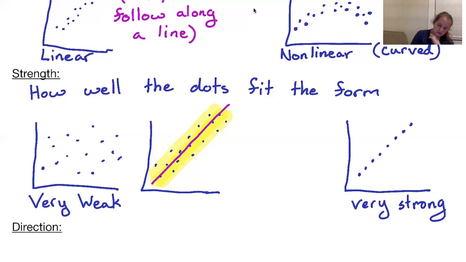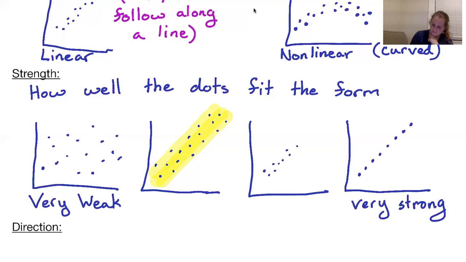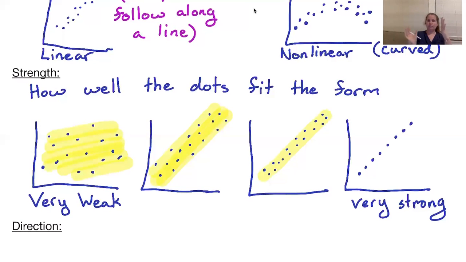And then if we bring the dots a little closer, there's still a fairly clear pattern, and now that band that they fit is more narrow. So for a very weak one, the band that they run along is very wide. And then as it gets stronger, the band gets narrower and narrower until it essentially becomes a line.